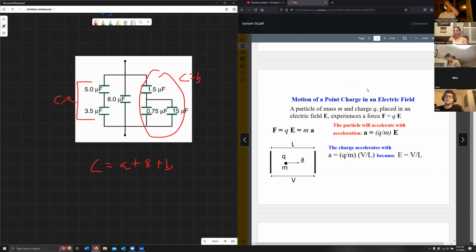Okay. So the motion of a point charge in an electric field. A particle of mass m and charge q is placed in an electric field and it experiences the force F equal to the charge times the electric field. The particle will accelerate with acceleration a equal to the charge divided by mass times the electric field.